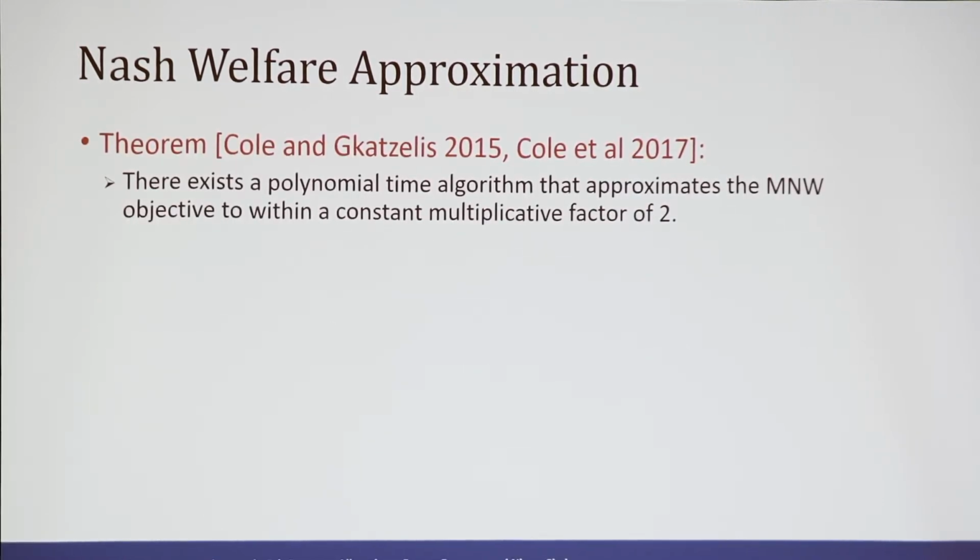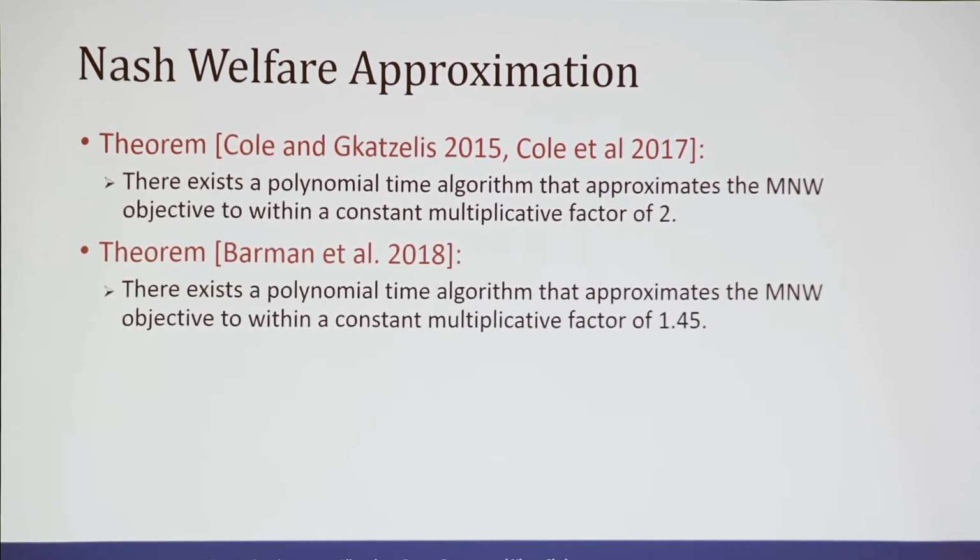Okay, but can we approximate to some other constant factor? Well, it was shown by Cole and Gkatzelis in 2015 that there exists a polynomial time algorithm that approximates the MNW objective to within a constant multiplicative factor of, actually the first paper was something like 2.88, and that analysis has since been tightened to give a constant multiplicative factor of 2.